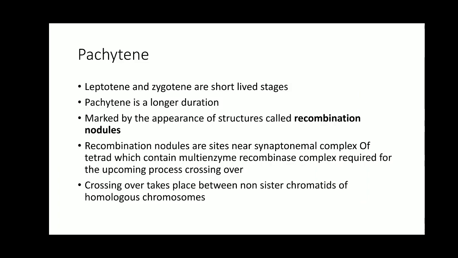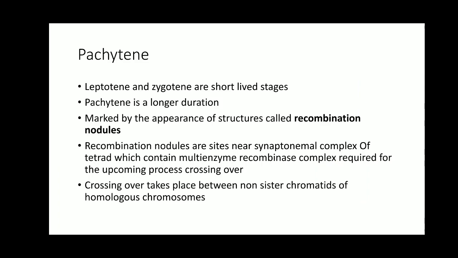You can observe this stage by the formation of structures known as recombination nodules. What are these recombination nodules in the tetrads of homologous chromosomes? They are the sites near the synaptonemal complex of the tetrad at which crossing over is going to take place between the homologous chromosomes.